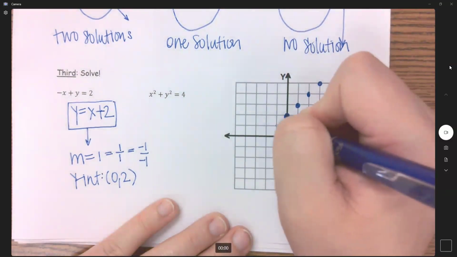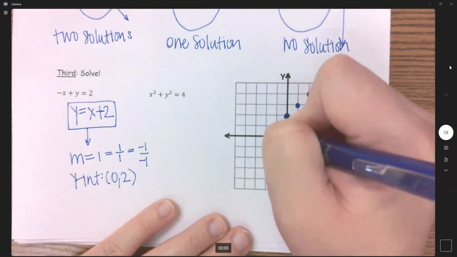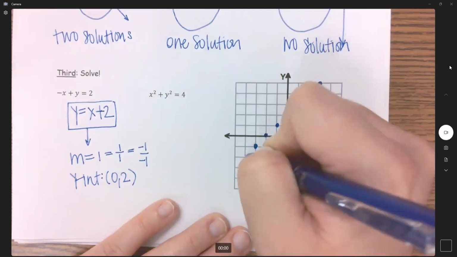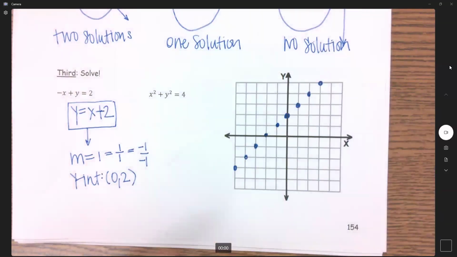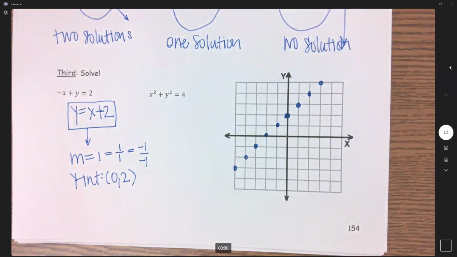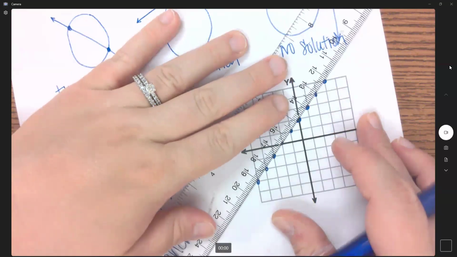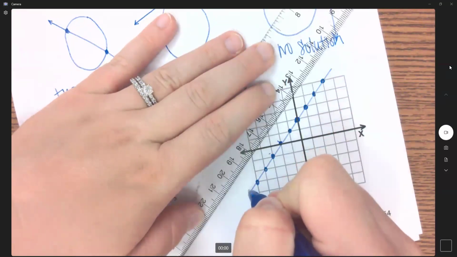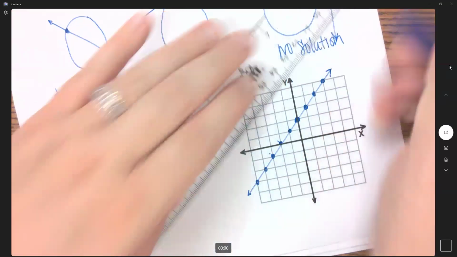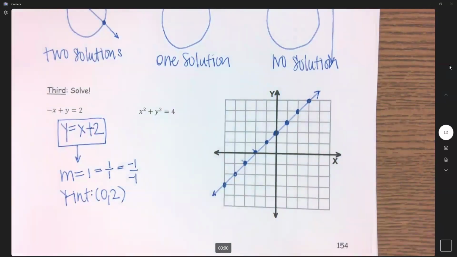So we can go down 1 to the left 1, down 1 to the left 1. And I know I have a ruler around here somewhere. There's my line.